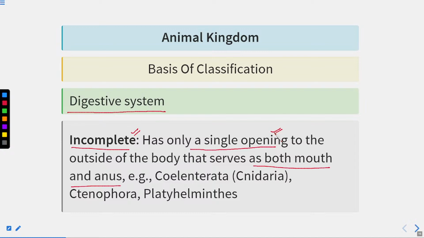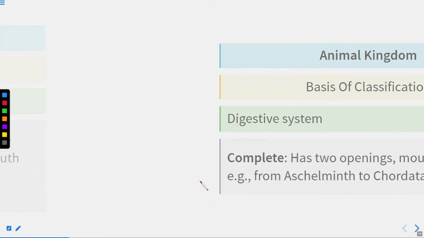They are very lower grade organisms, such as Coelenterata, that is Cnidaria. Ctenophora and Platyhelminthes also have incomplete digestive systems. So incomplete digestion is present in Coelenterata, Ctenophora and Platyhelminthes.